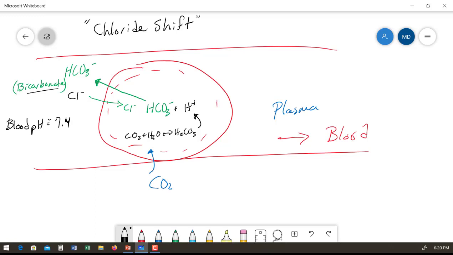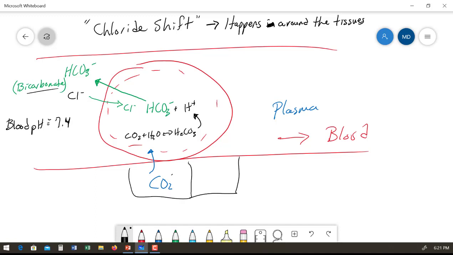This chloride shift happens at the level of the cells, so it happens in the tissues, or I should say around the tissues, in the blood around the tissues, so I don't confuse people. In other words, what's creating all this carbon dioxide are cells.